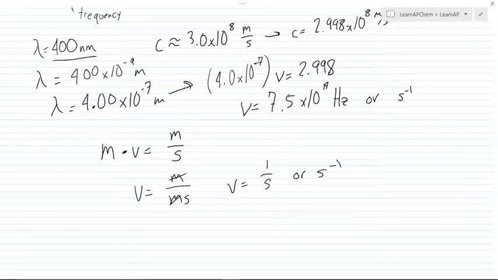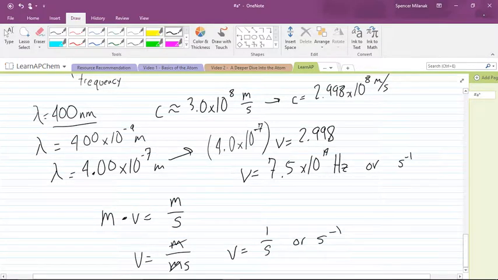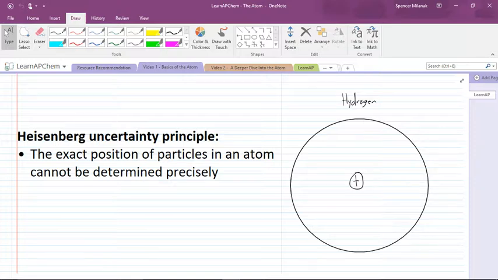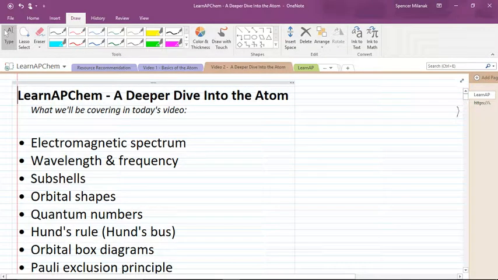Okay, so we can also talk about some other things now. I guess I can go over the Bohr model a little bit again. I believe this was in video 2.